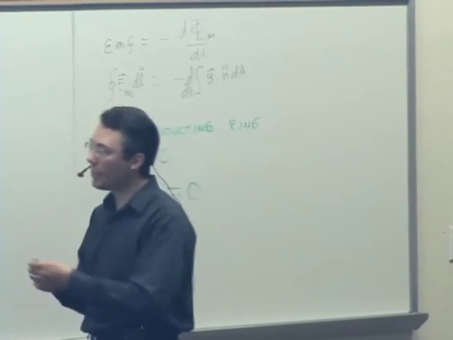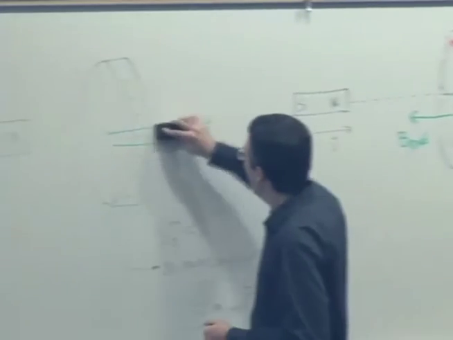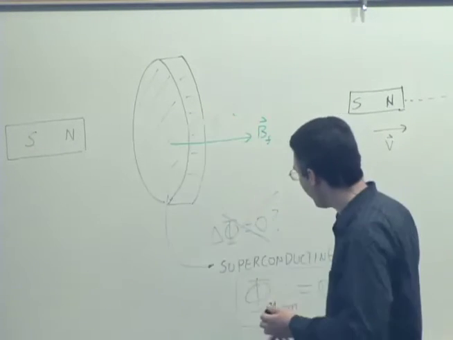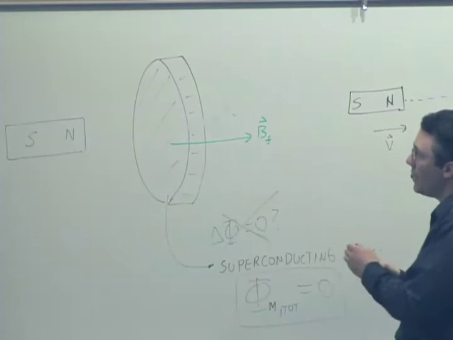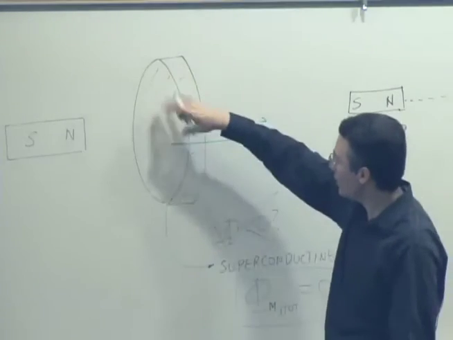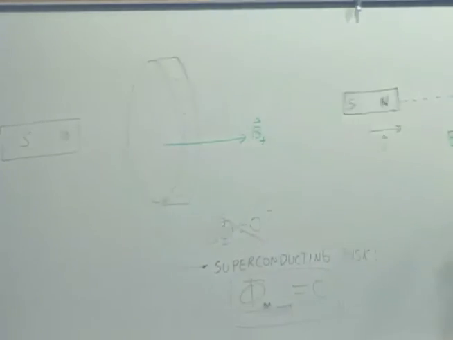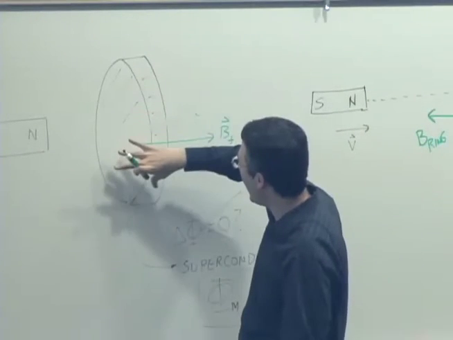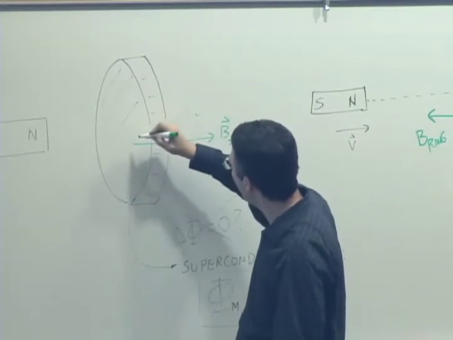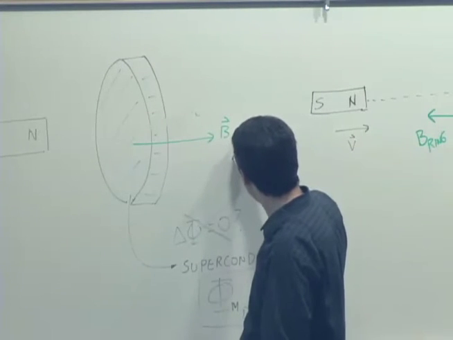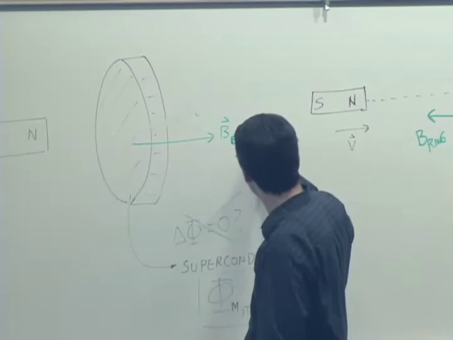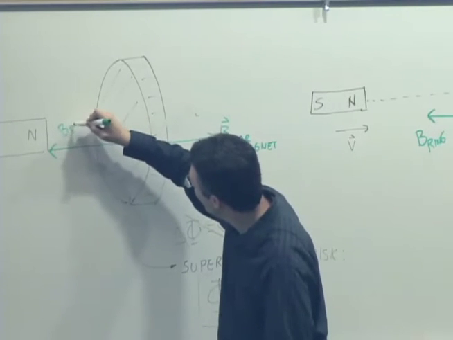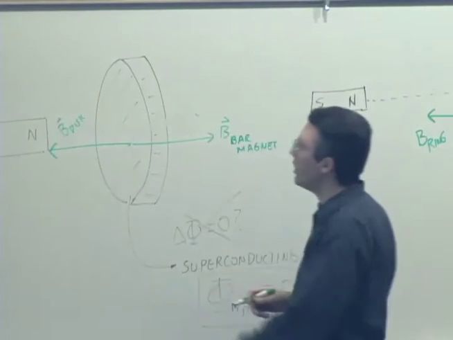Okay, so I don't even have to move the bar magnet now. Even if I just have the presence of this magnetic field due to the bar magnet, the disk itself is going to have surface currents, because we know there's no net electric field inside, and there's got to be currents on the edges or on the surfaces induced in such a way that if this is B of the bar magnet, then at the same location we have to have B of the disk pointing in that location.